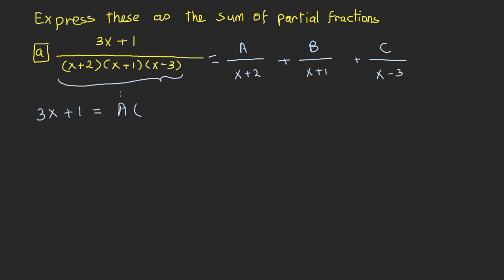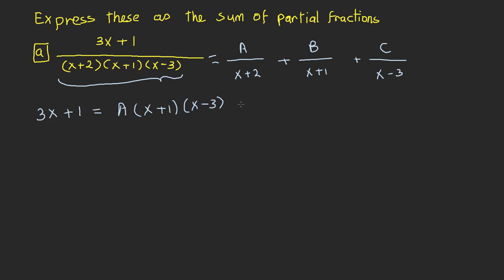When we multiply by those three factors, the x plus 2 cancels out for the first term, so the remaining are the other two factors, x plus 1 and x minus 3.